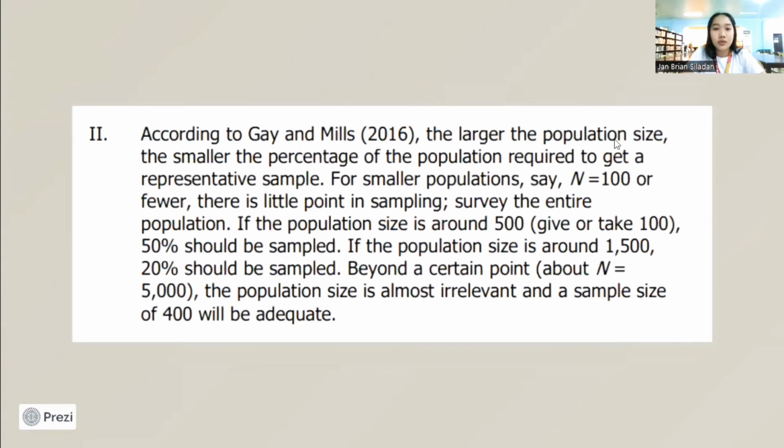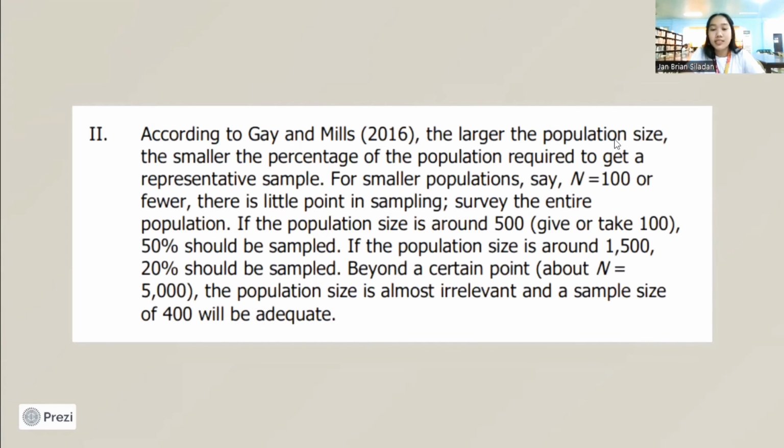Second is according to Gay and Mills 2016: the larger the population size, the smaller the percentage of the population required to get a representative sample. For smaller populations, say N is equal to 100 or fewer, there is little point in sampling. Survey the entire population.